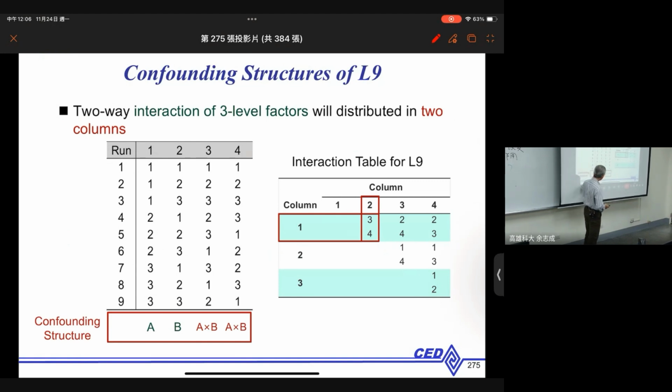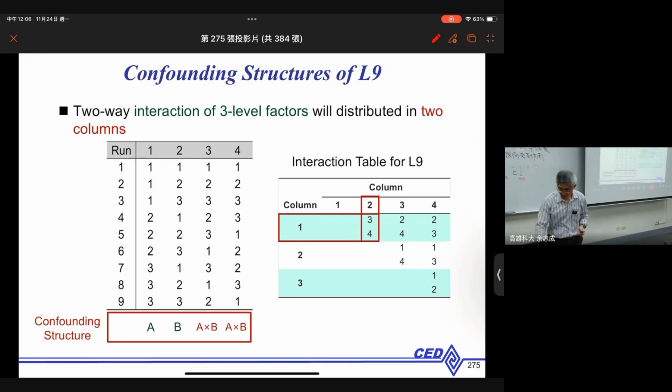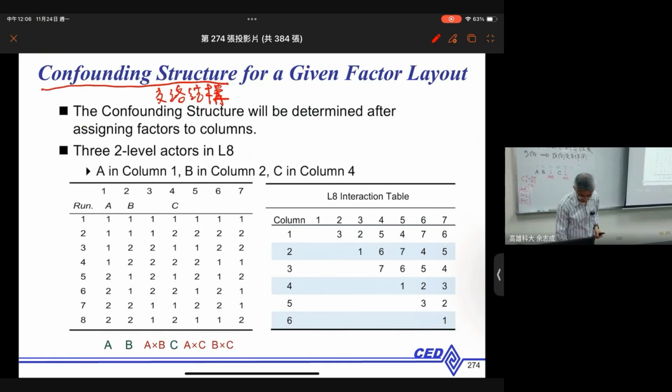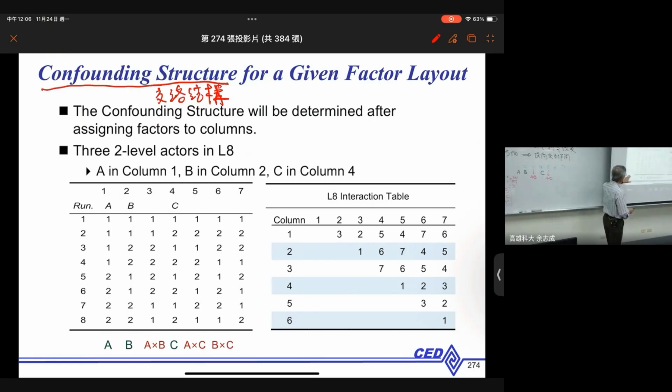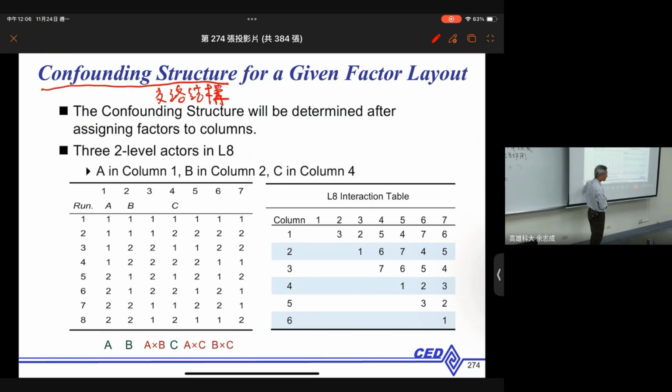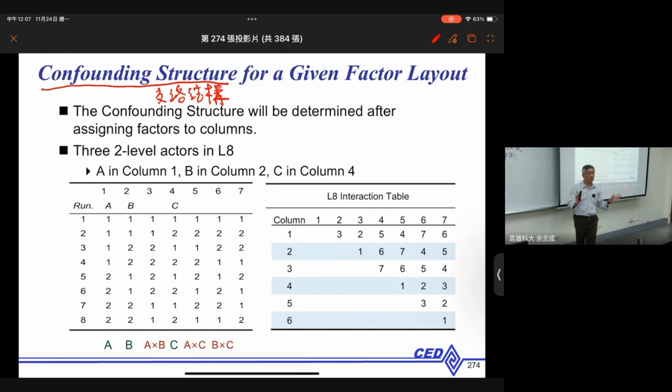For this case, A and B and interaction AB are all separated. Just like the previous example here. If you do this assignment, A, B, C, and interaction AB, AC, BC are all separated, which means that there will be no confounding, so you can analyze main effects and also interaction effects.